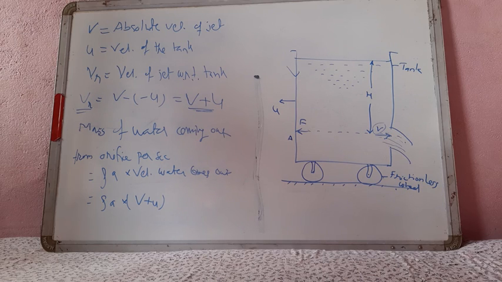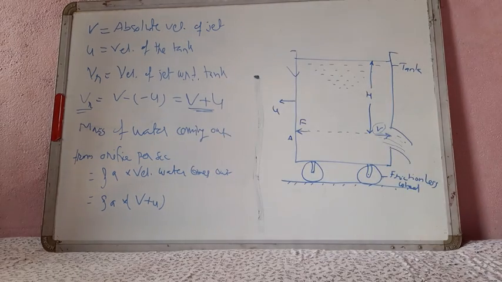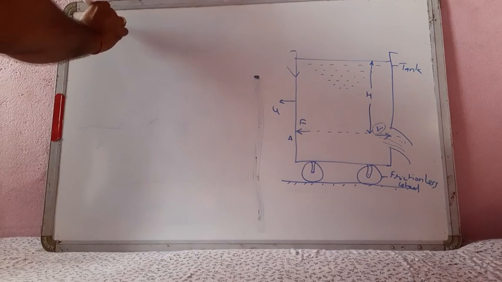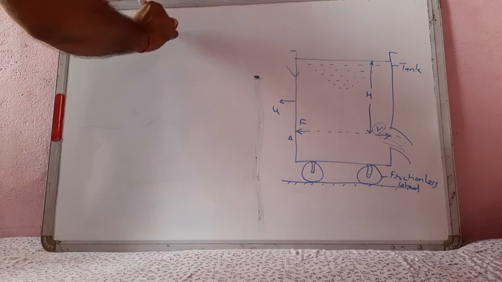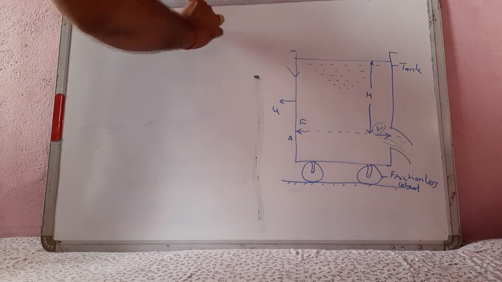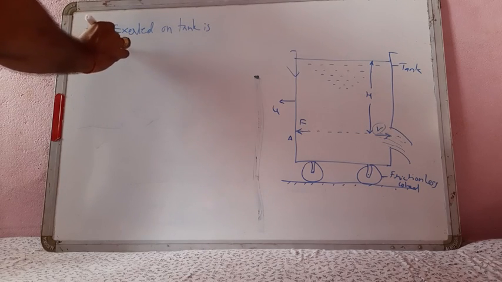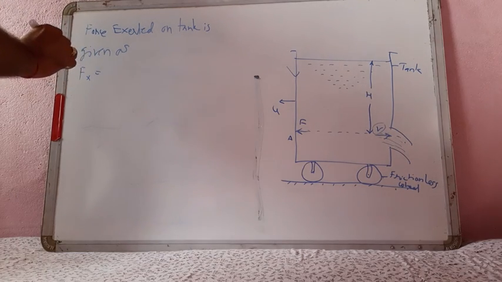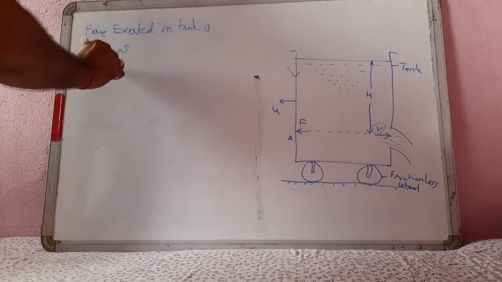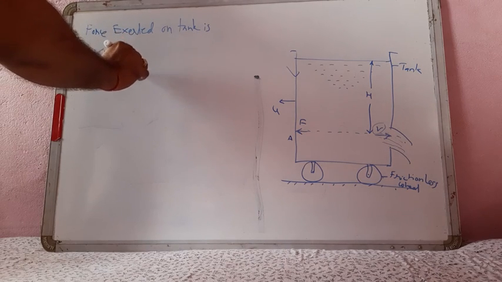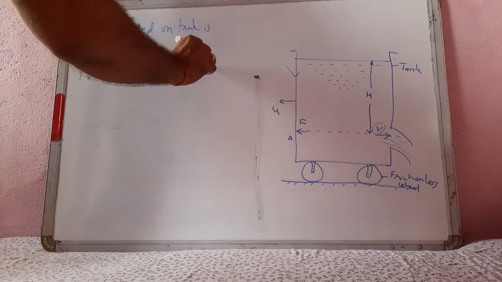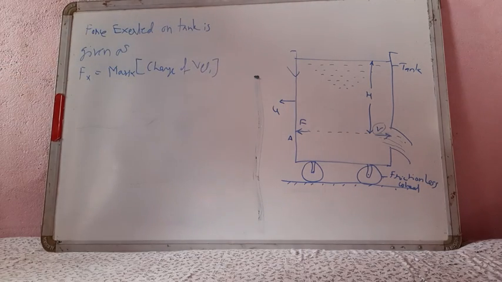Now the force exerted on the tank is given as Fx equal to the mass of water coming out from the orifice per second into the change of velocity.